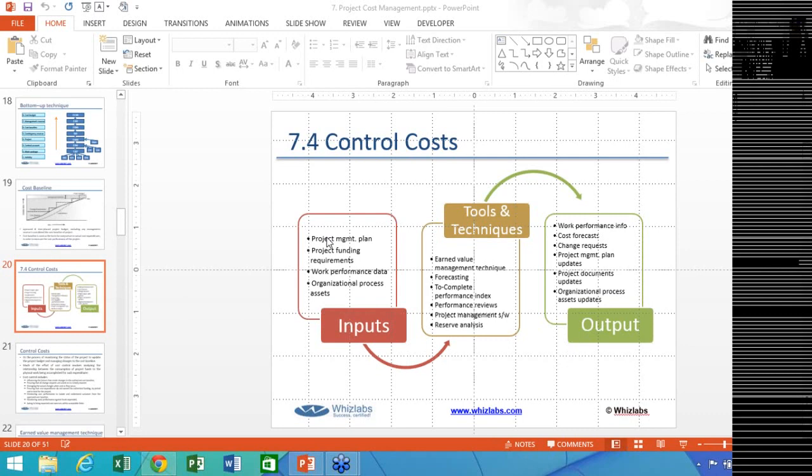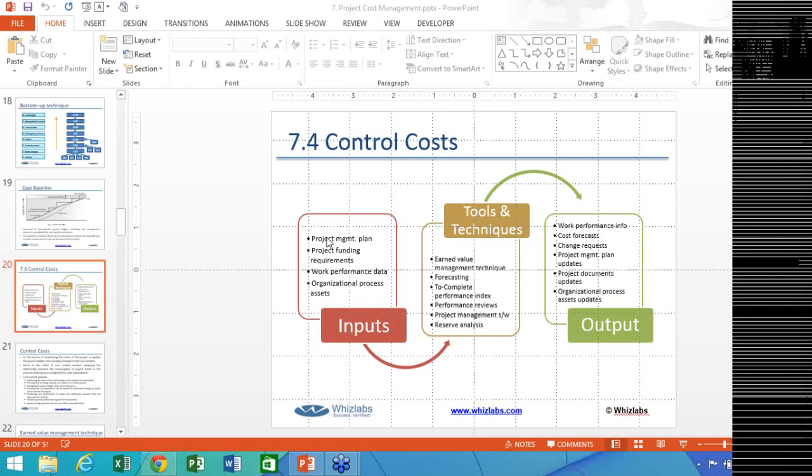And then we have the work performance data, wherein we have information about the activity, what time it started and the physical percentage of completion. That work performance information goes to control cost as an input.